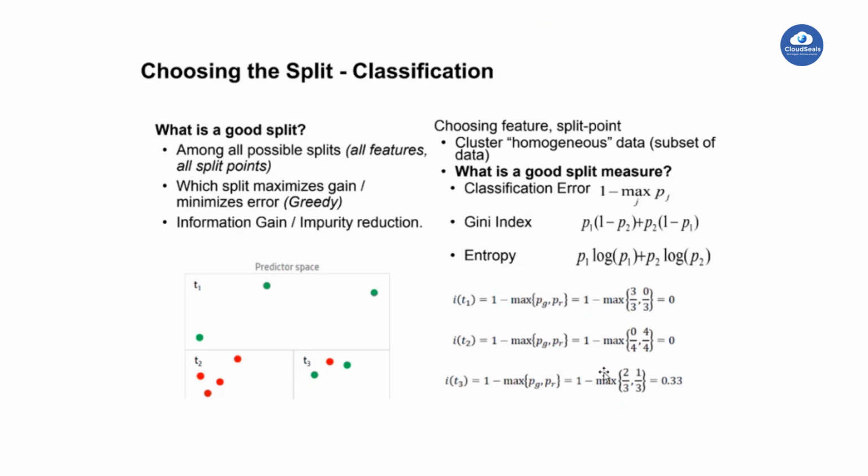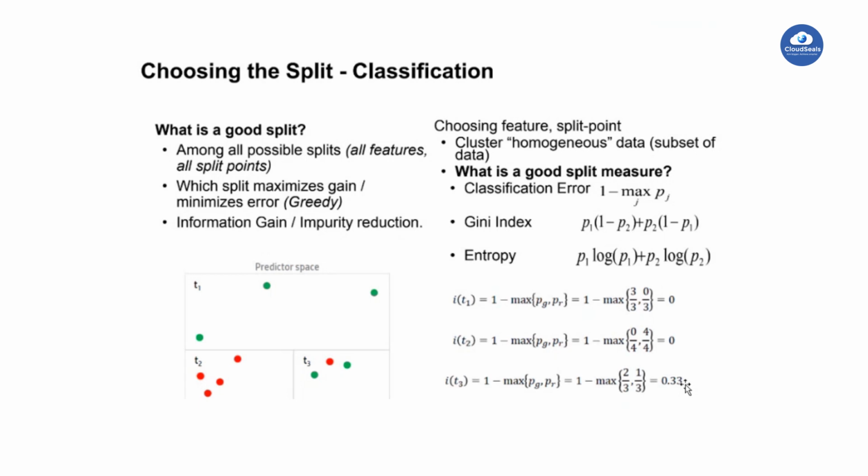We take the max, which is 0.66, compared to 0.33. So 1 minus 0.66 means 0.33. Here there might be a chance of 0.3 error.